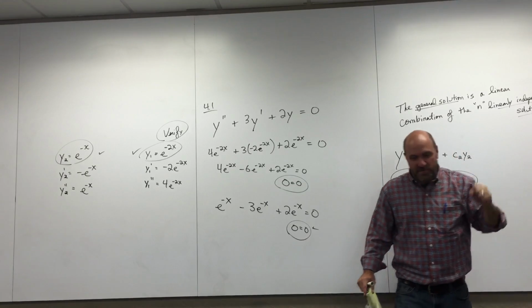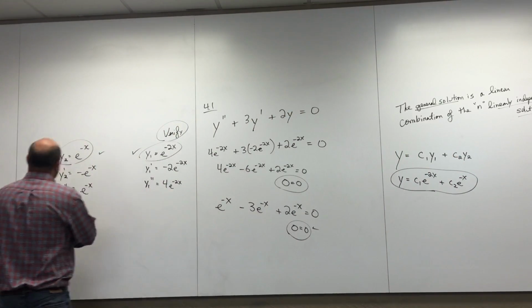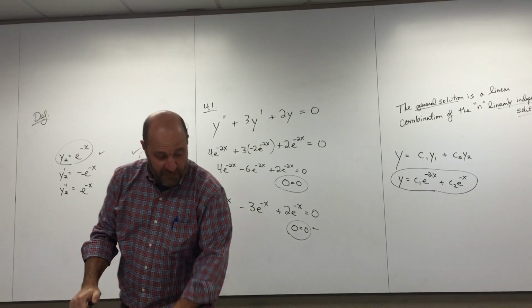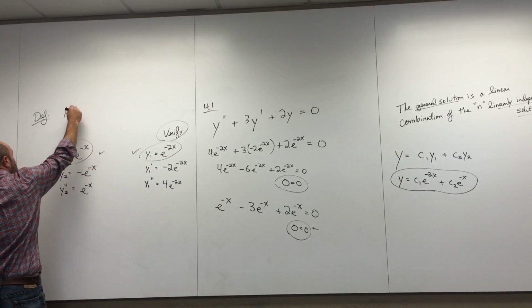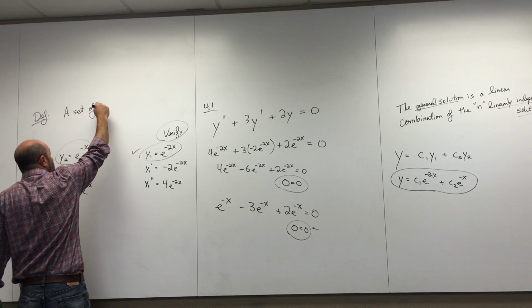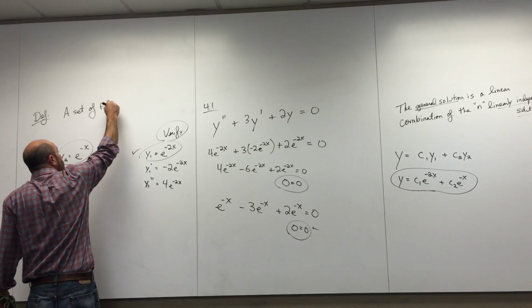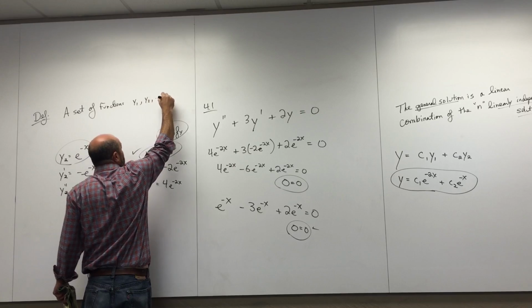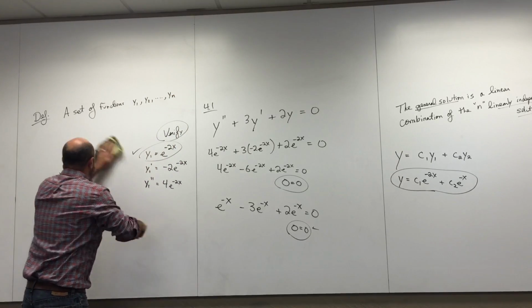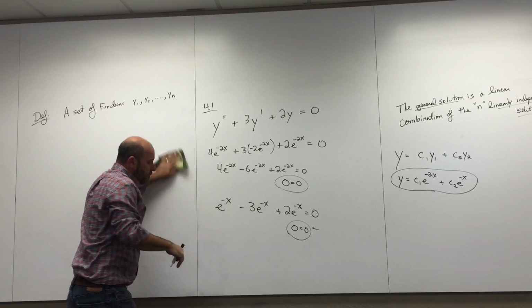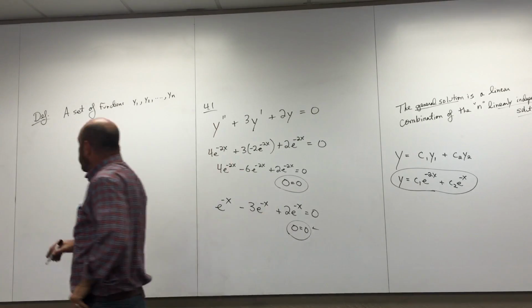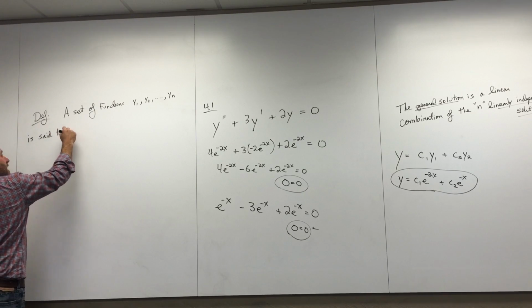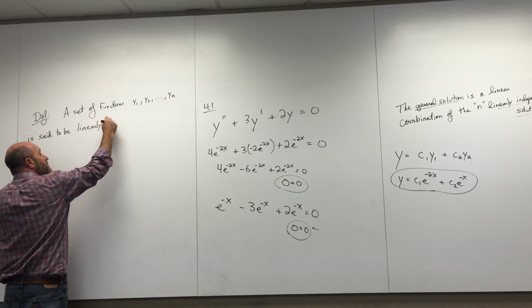So here comes a mathematical definition, and actually the definition is for linear dependency. It's in the book, but here's my kind of loose version of it. It won't be too loose. A set of functions, y1, y2, ..., yn, is said to be linearly dependent.